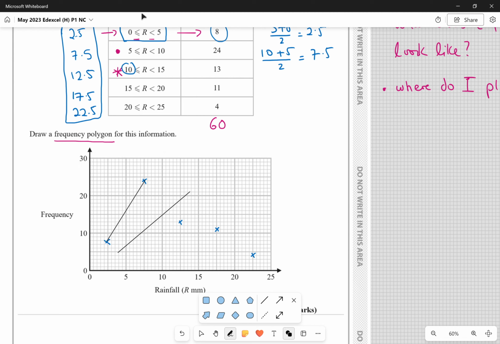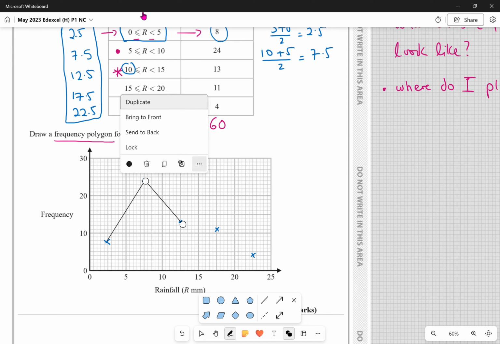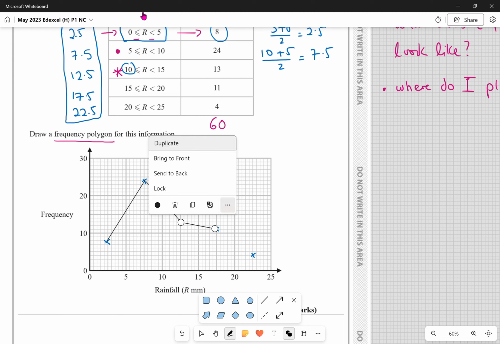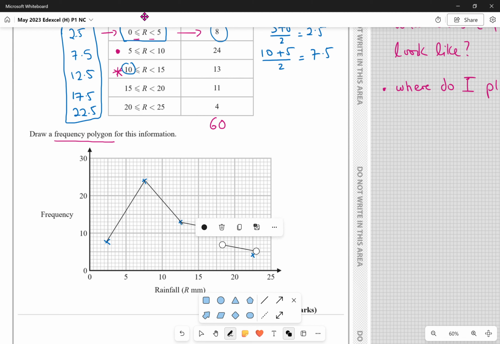I'll join this one here with this one there. Like that. This one comes here and joins. So we're joining them in the order that they were plotted, not randomly. And this one goes here like that.